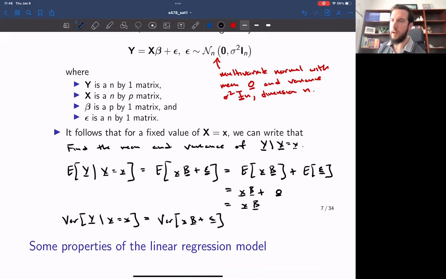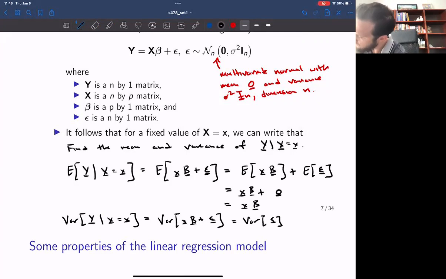Now in this case, we're going to have the variance of a constant plus epsilon. The constant does not affect variation. So you can shift the random variable any direction that you want, and that's not going to play any role on the variation of said random variable. So we're just going to have the variance of epsilon in this case. And that's going to be sigma squared times I_n.